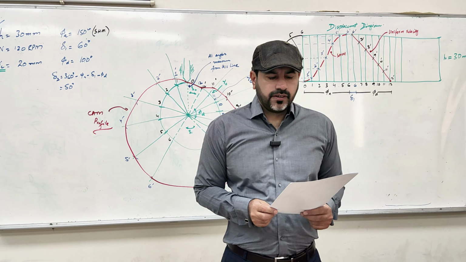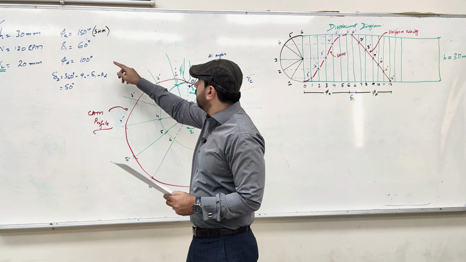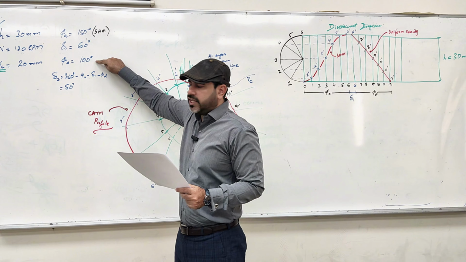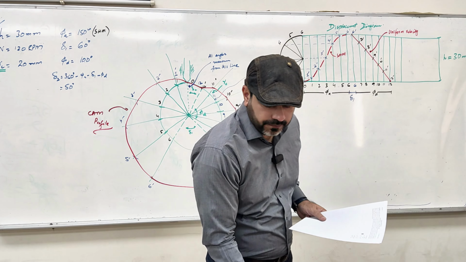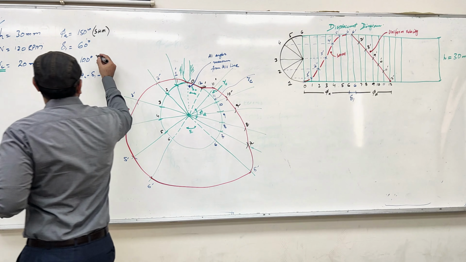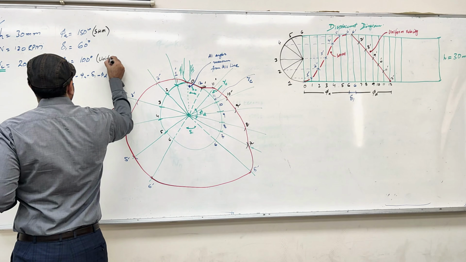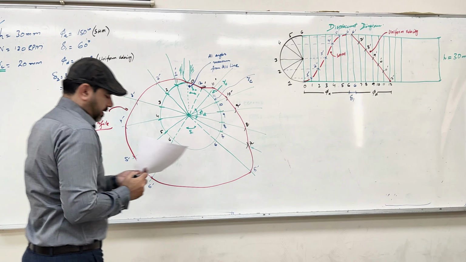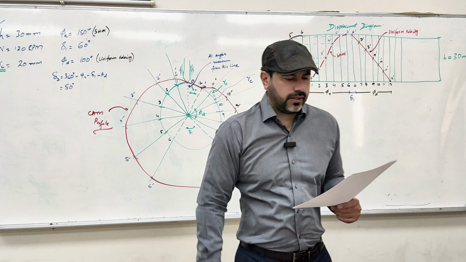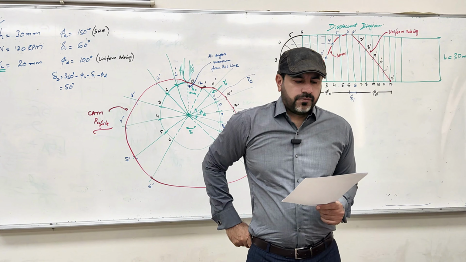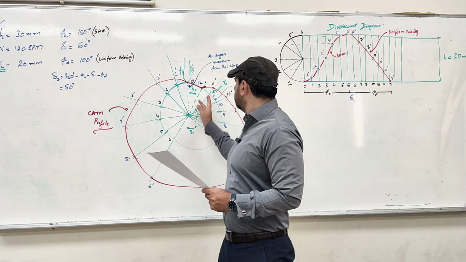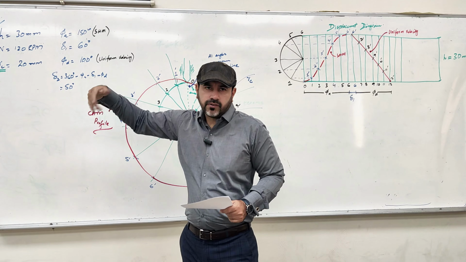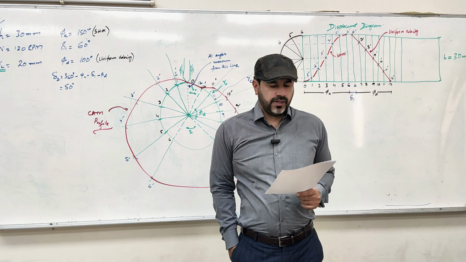The follower descends for 100 degrees of rotation of the cam with uniform velocity, again followed by a dwell period. Which we calculate is roughly 50 degrees. Even if you don't calculate it, whatever is left is the dwell period.